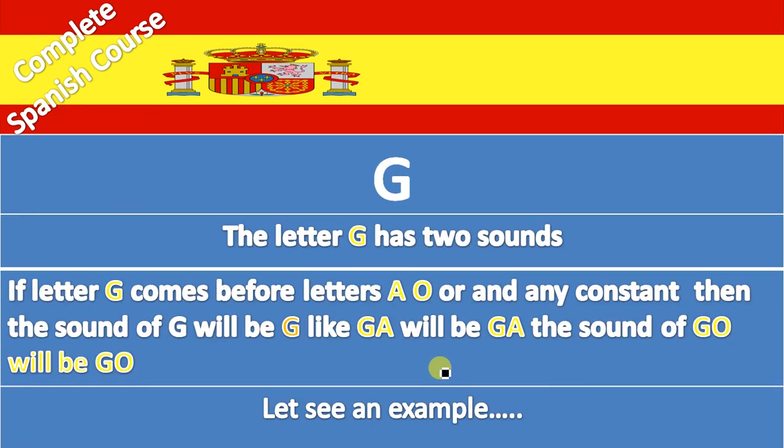Next letter is G. The letter G has two sounds. If letter G comes before letter A and O, or any consonant, then the sound of G will be G, like ga, and the sound of GO will be go.